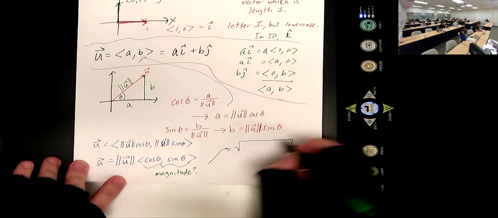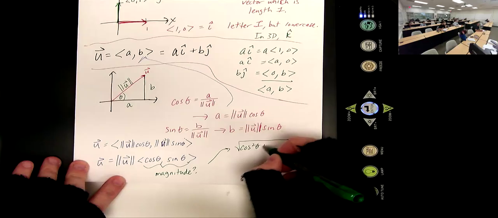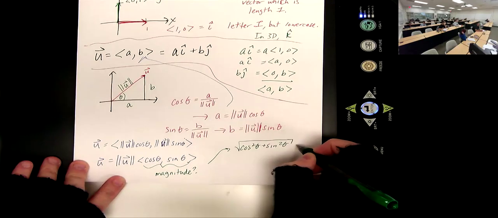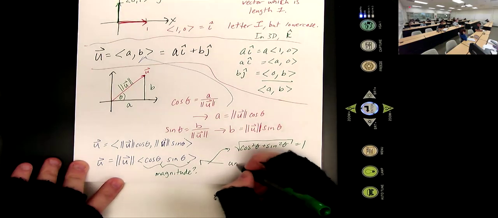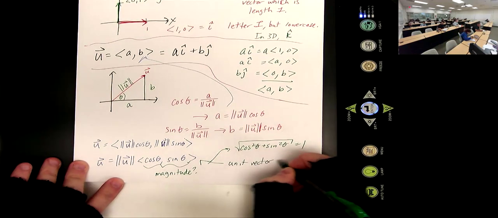Square root of cosine squared plus sine squared, which is 1, which means that's always a unit vector.